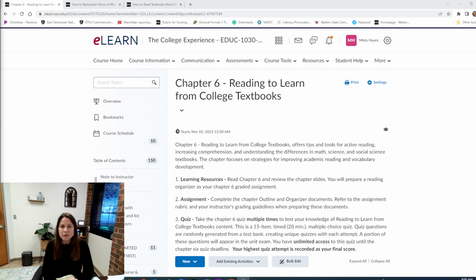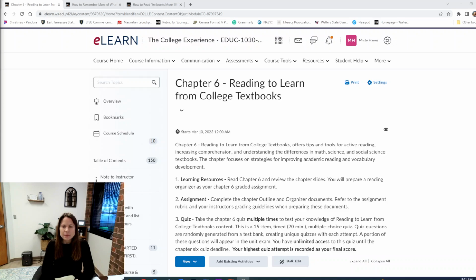at a college level. We're also going to be looking at how we can do an actual outline. We've been doing outlines, which we call reading organizers, this entire time in class, but this is going to be the week that you're actually going to be submitting an outline, an organizer, for me.